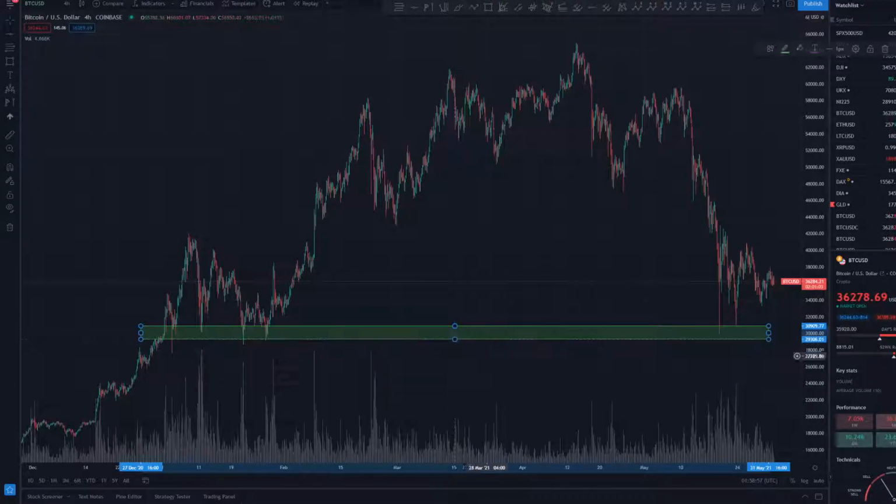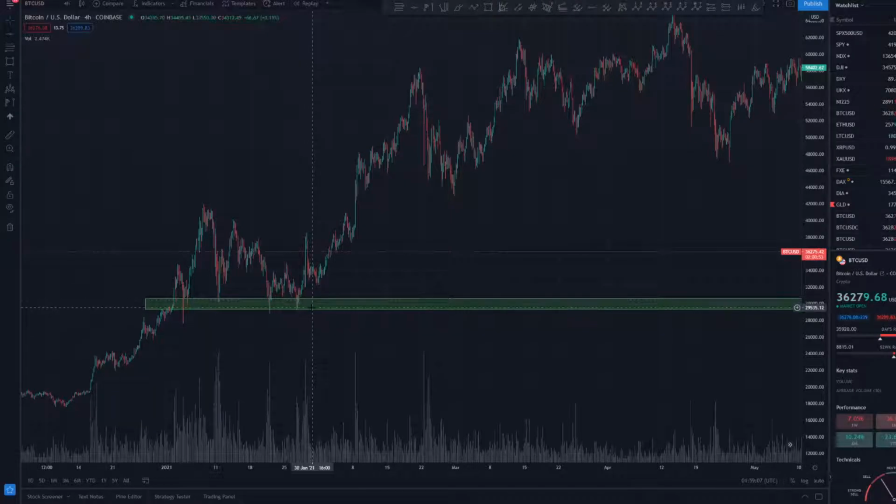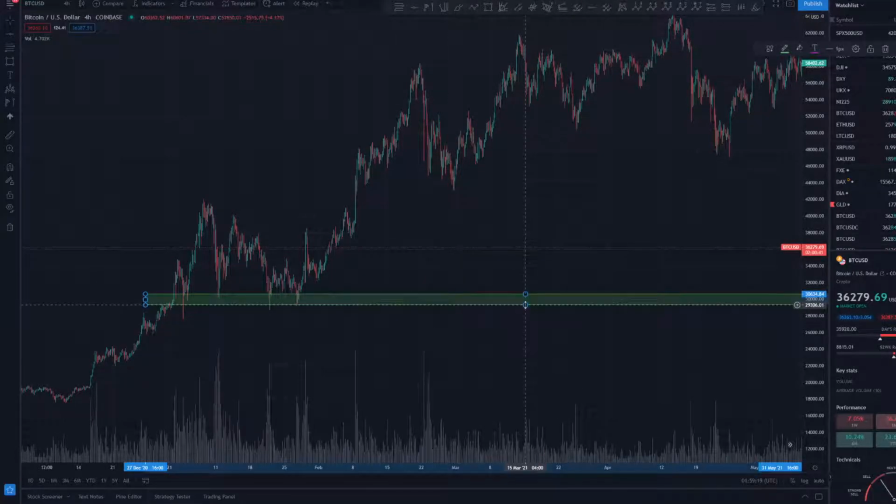What this means is if there's heavy buying interest at a certain region, that level will get supported. For example, if there's very heavy buying interest at this region, when price comes down to it, it won't go through, at least on the first pass. It'll bounce and go back up. So that is what support means.